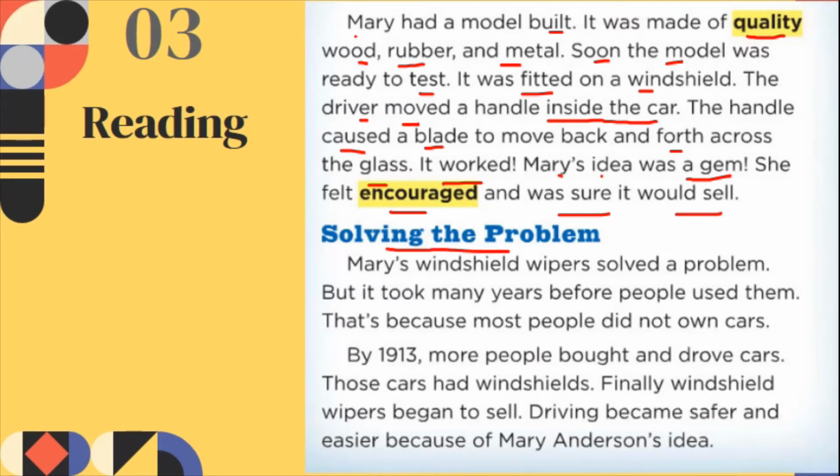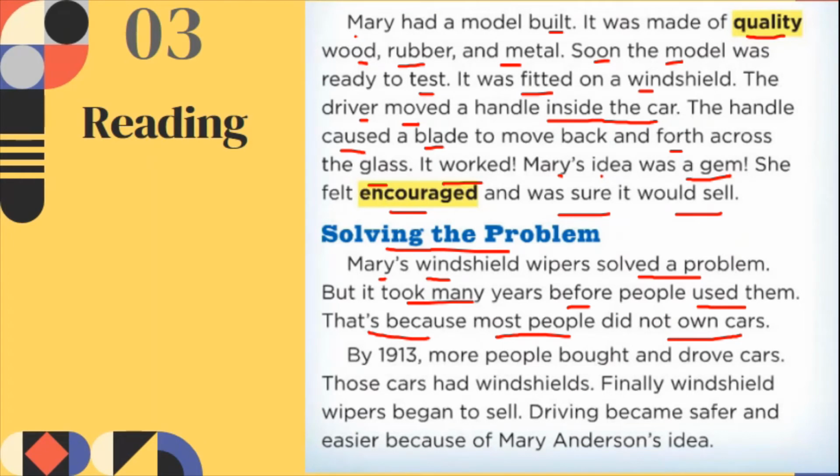Solving the problem. Mary's windshield wipers solved a problem, but it took many years before people used them. Why? That's because most people did not own cars. So back then, most people didn't have cars. That's why she couldn't benefit from her invention.